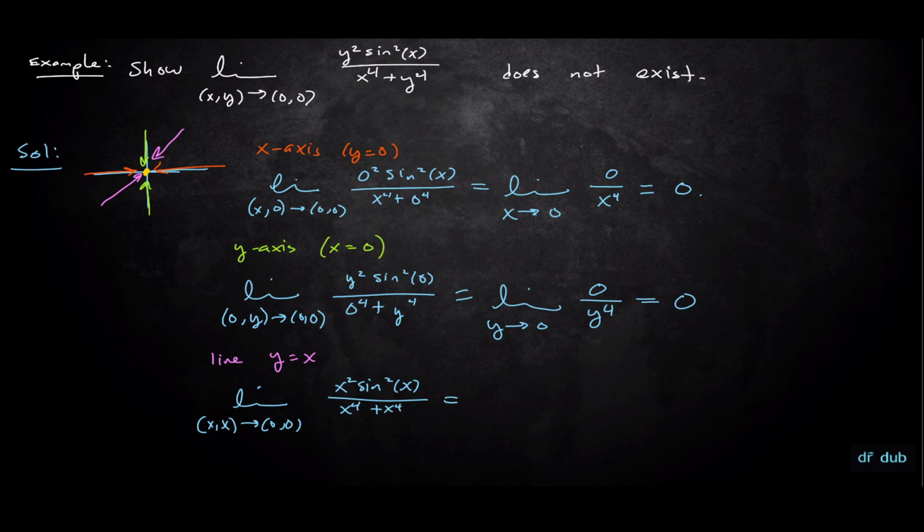So basically every x or every y gets replaced with x. So that's going to be the limit as x goes to 0 of x squared sine squared x over 2 times x to the 4. And we can do a little algebra to simplify that. Limit as x goes to 0 of sine squared x over 2x squared.